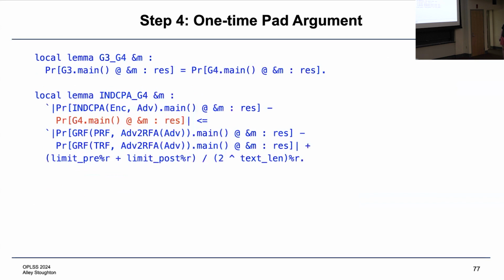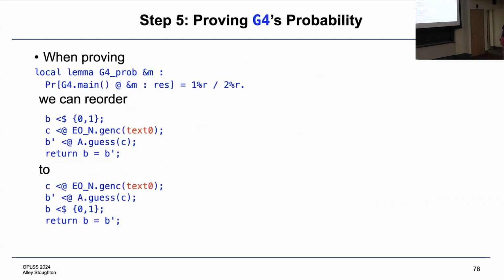To prove that the adversary wins exactly half the time, we can take this sequence here, and we can choose B at the very end, like that. And so at this point, B prime is this fixed thing. And so we can prove that B and B prime end up being the same exactly half the time.